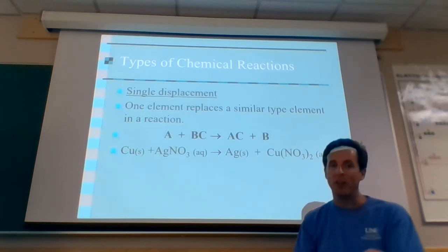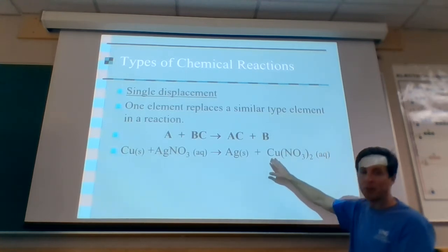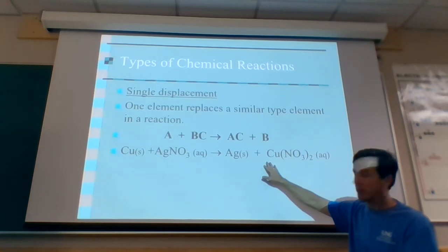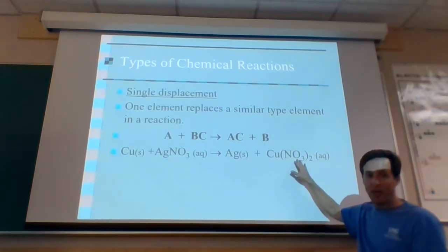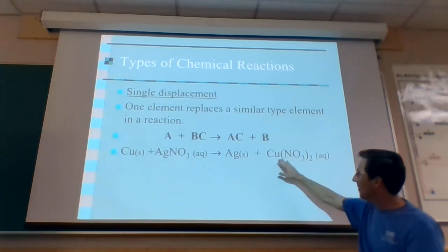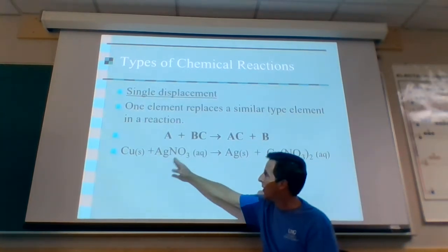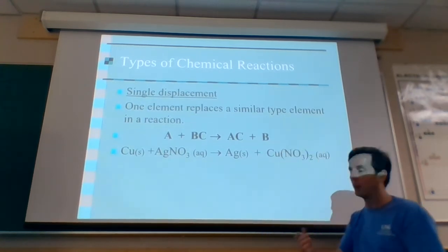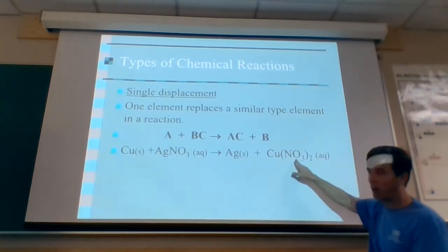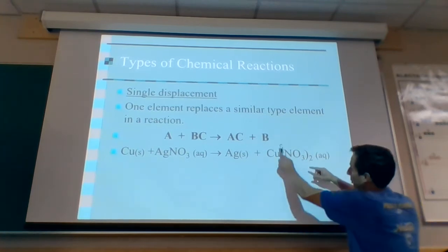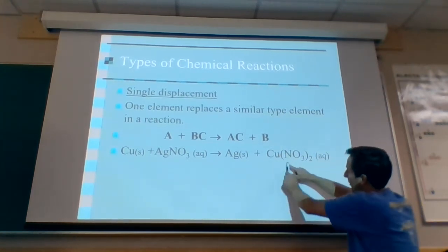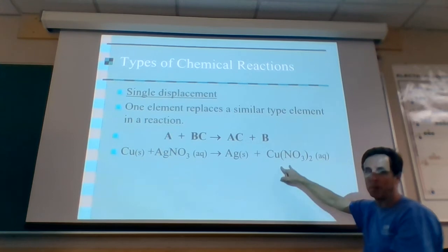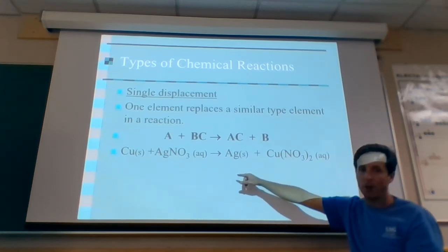But then, if copper's +2, you have to know that nitrate, which you have to memorize, is -1. So even though silver and nitrate were 1-to-1, because that was +1 and -1, when I form my new compound, now it's +2 and -1. So the 2 comes down, the 1 goes down, so that ends up being my formula for this compound, and then silver got kicked out.